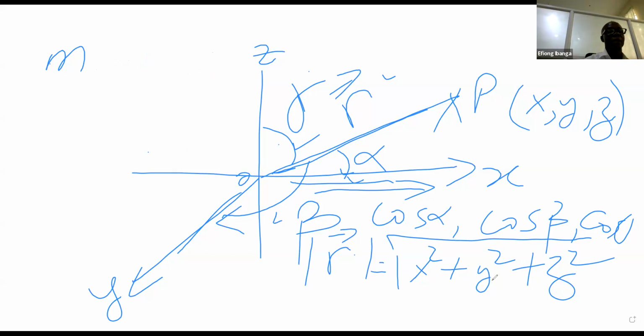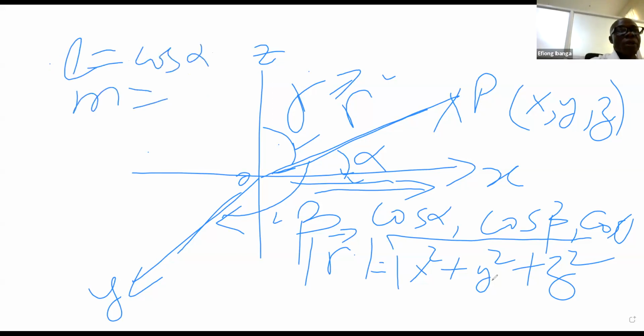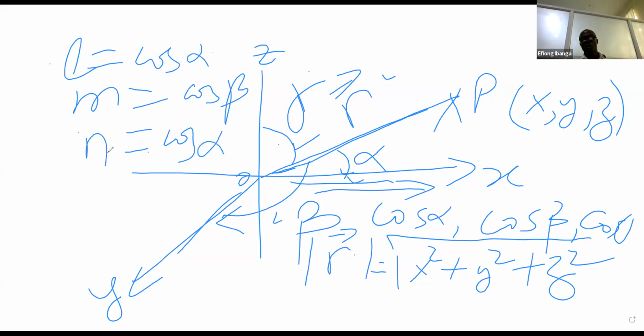It's supposed to be like that, in that order. L is going to be cos alpha, M is going to be cos beta, and N is going to be cos gamma.